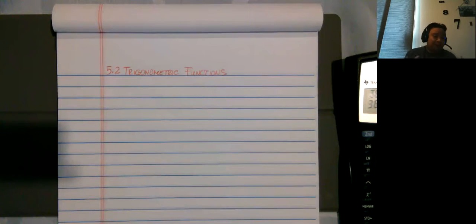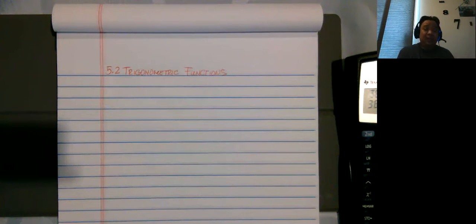All right, and so 5.2 essentially now starts what this class is for the most part all about, right? So it's all about your trigonometric functions. These are essentially new functions that you can form from a triangle. There are different ways to define them, and your book uses something else.